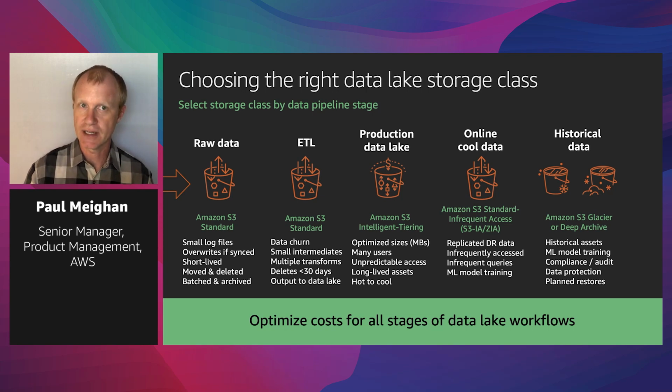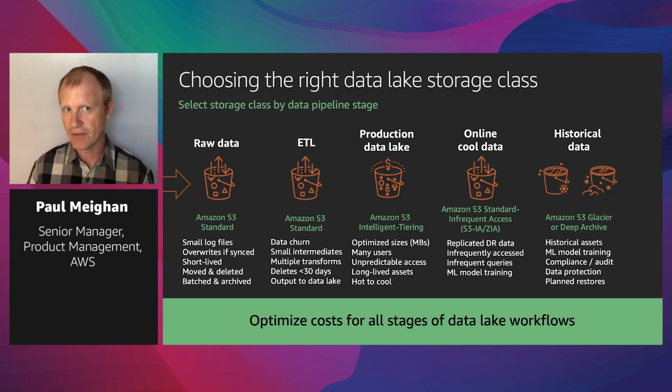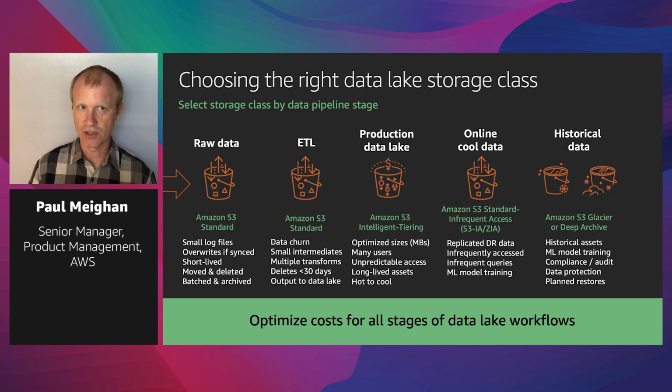They deliver millisecond latencies, and so they're really for those cases where you have cold data sets. They're rarely, if ever, accessed, but when they are accessed, they need to be accessed immediately, right? These data sets really belong in the online cool set of storage classes. Again, that's standard infrequent access and one zone infrequent access.